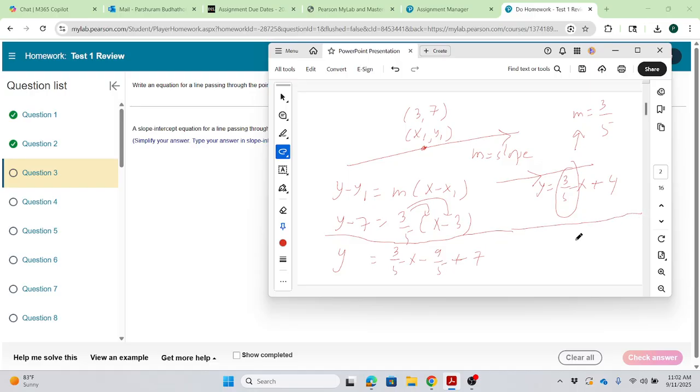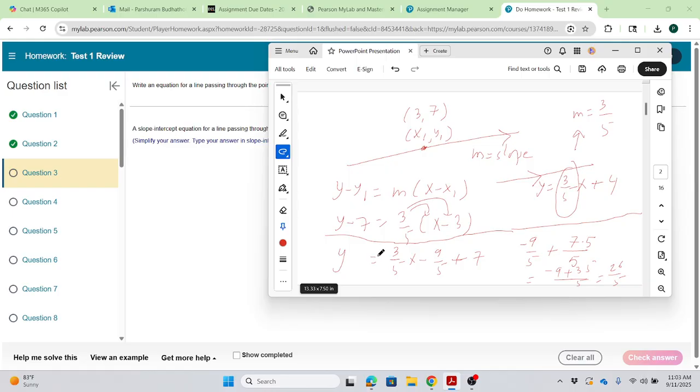So let's simplify that. How do you simplify? Just add -9 over 5 plus 7. We don't have a denominator of 5 here, so I'm going to multiply the top and bottom by 5 to make the same denominator. So it would be now -9 plus 35 over 5, and 35 minus 9 is 26 over 5.